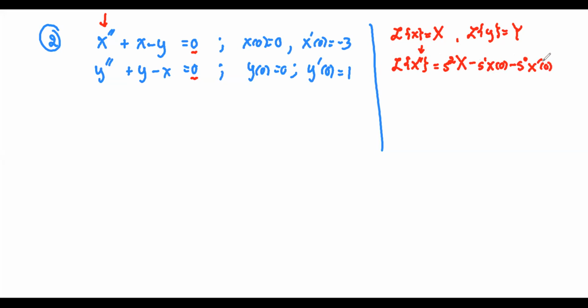You see x goes in the opposite way for the order of the derivative of the initial condition, but the power of s starts from 2, then 1, and then 0.